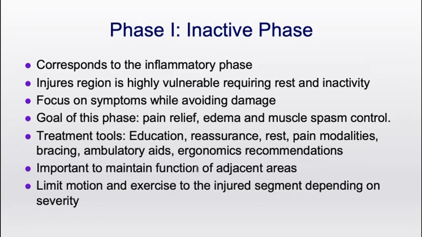Even if you can't move their elbow, you want to make sure that they are maintaining function of the joints above and below. I'm talking major joints, so the wrist below and the shoulder above. You can start to do some movement to those areas to try to influence a little bit of blood flow and make sure that the muscles are still moving. So that's phase one, the inactive phase.